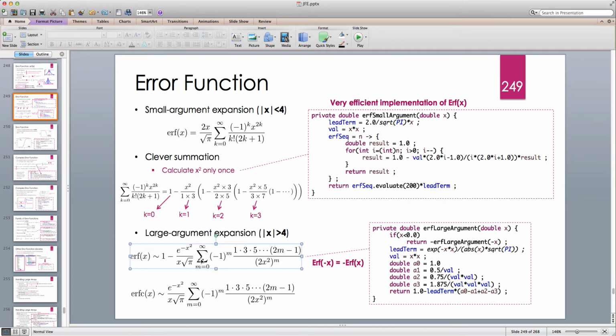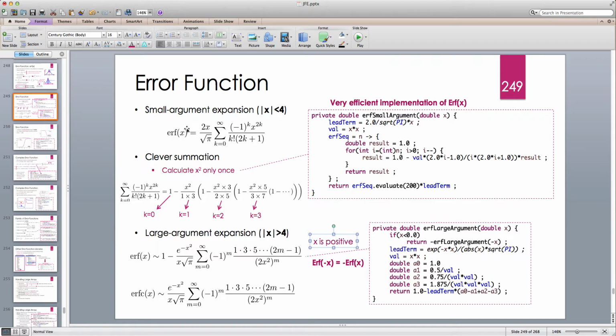That's because in this large argument expansion, the underlying assumption is that x is positive. So I'm going to write it, x is positive here. Okay, so x was supposed to be positive when this series was derived.